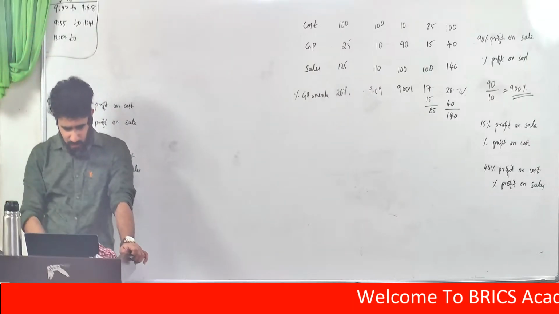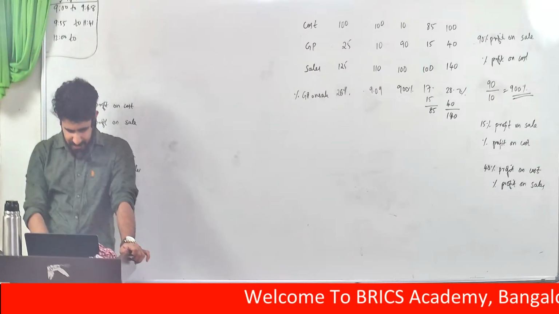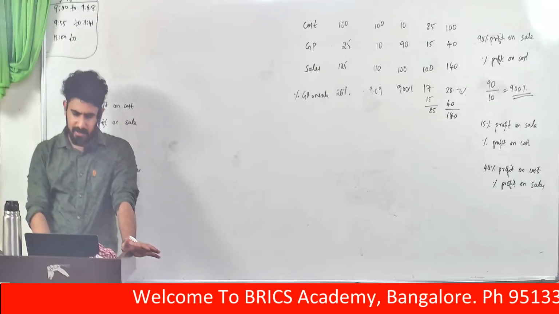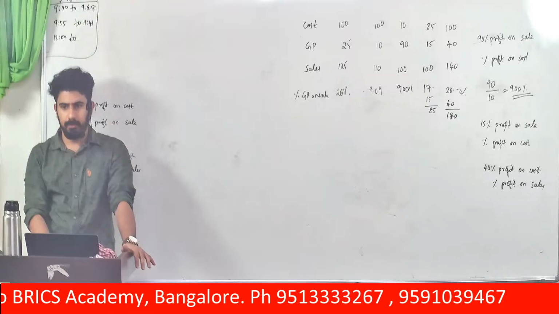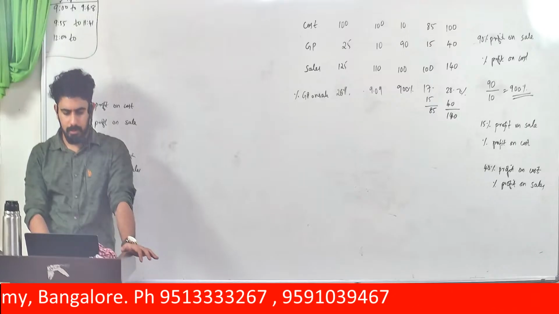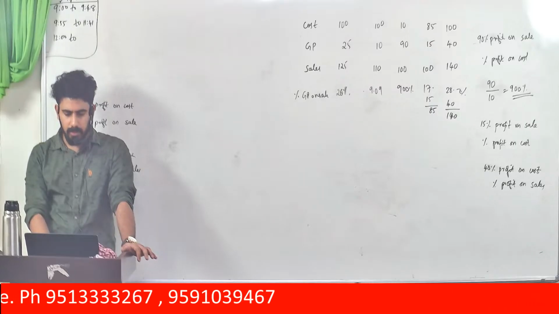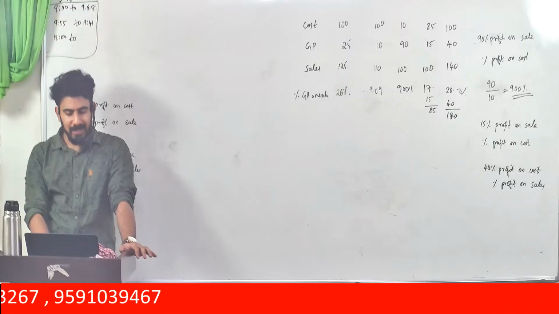You want to try 6? Try 6, guys. Try 6 also. Finished goods inventory holding period. Okay, then you leave 6.